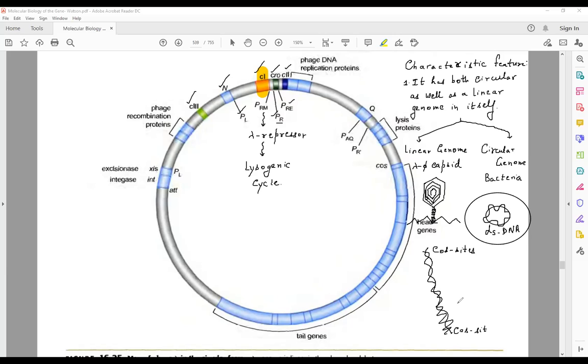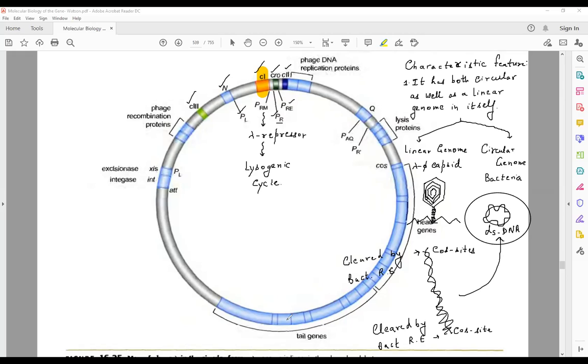As there is no methylation over the cos site, it will be subjected to restriction digestion, cleaved by bacterial restriction endonucleases. When they are cleaved by bacterial restriction endonucleases, the phage DNA will undergo circularization.